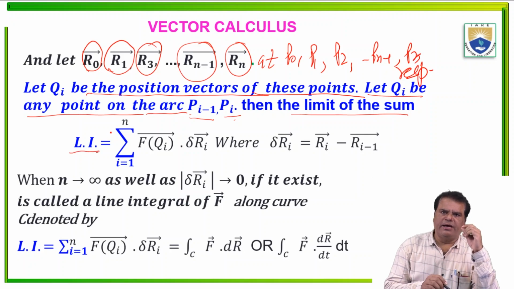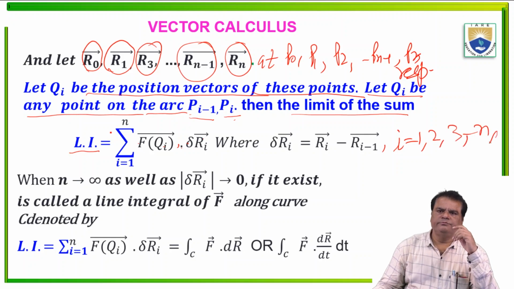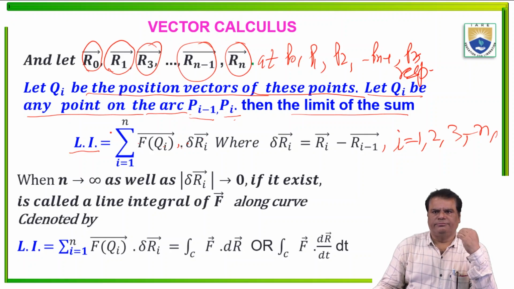We write the formula: summation of the vector point function Qi dot delta ri vector, where i equals 1, 2, 3 and so on up to n.